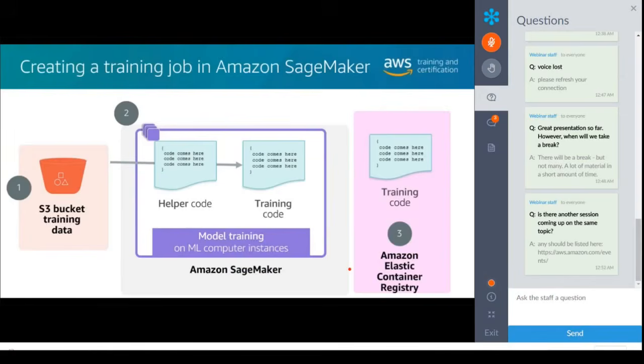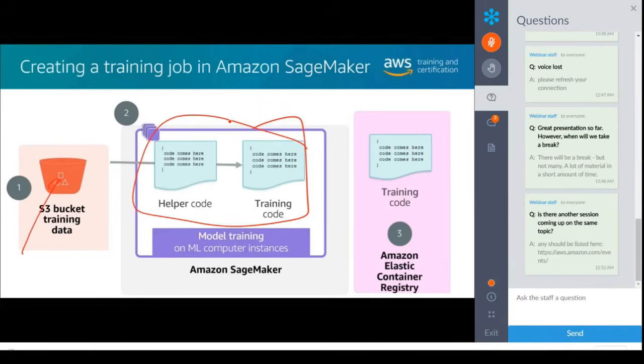So, creating a training job in SageMaker. This is what we care about. You've landed your training data into S3, and then you literally take a container, a Docker image, which SageMaker will orchestrate through SageMaker Training. SageMaker Training is a sub-functionality of the SageMaker service, which basically orchestrates your EC2s for you.